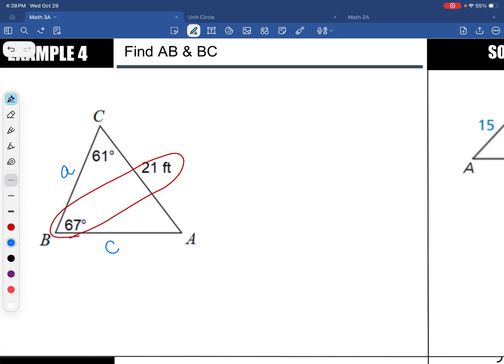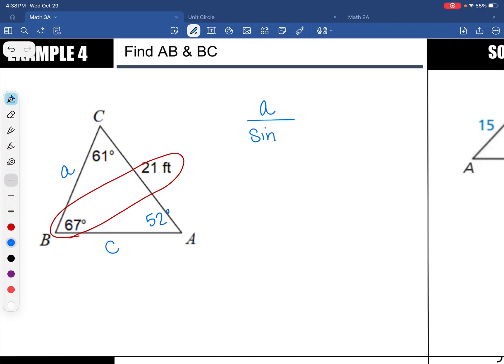So we're going to find A first. So A over sine what? Let's see, if we have 180 minus 61 minus 67, this side is 52. Let me fix that, 52.